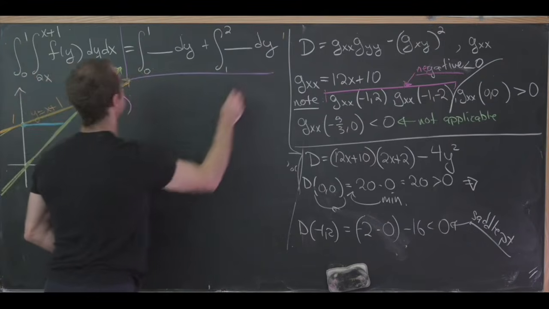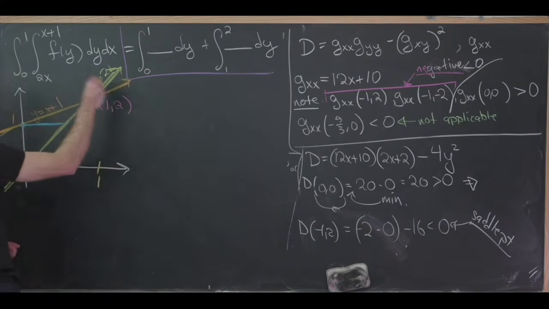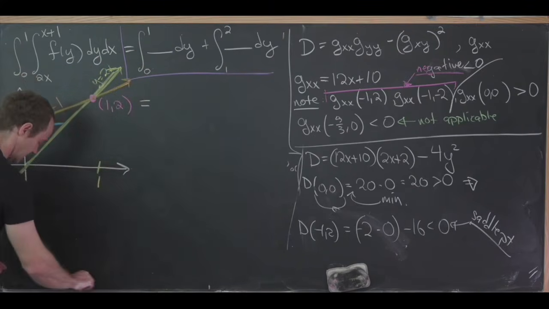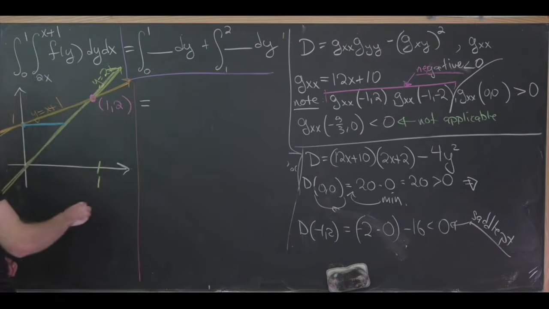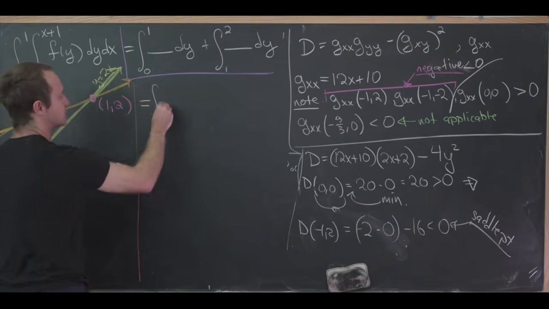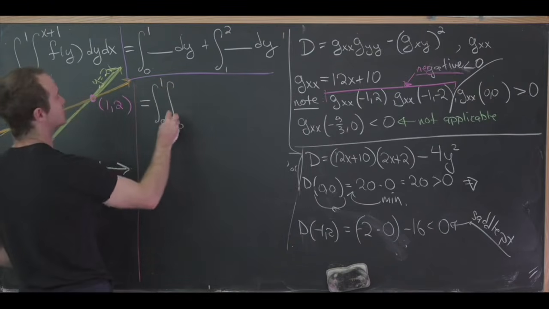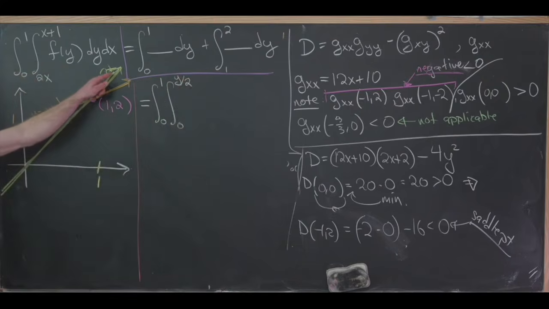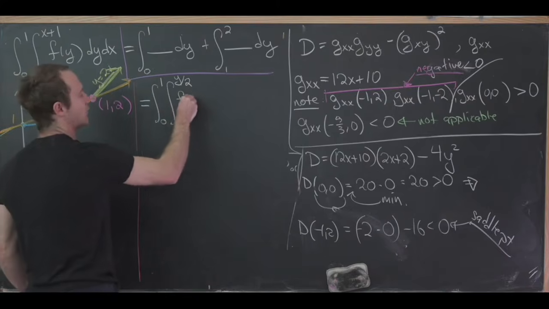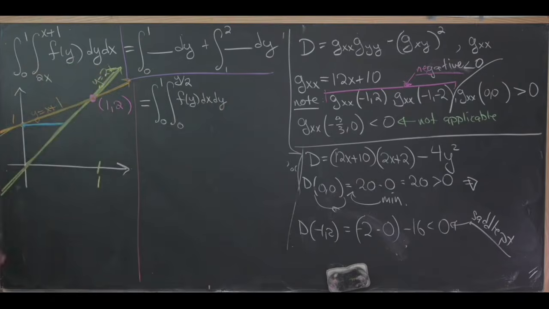So let's put that off to the side, and then take our integral right here and rewrite it using this picture that we've just made. This is going to be the integral from 0 to 1, and then the integral from 0 to y over 2, because we have to solve that for x, of f of y dx dy, because we changed the order of the integration, right?